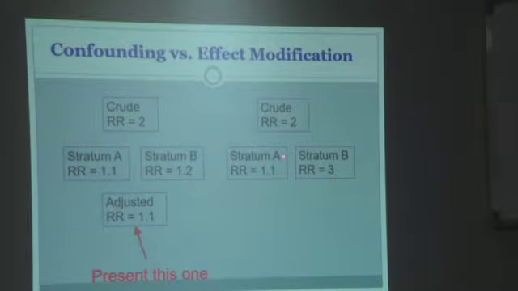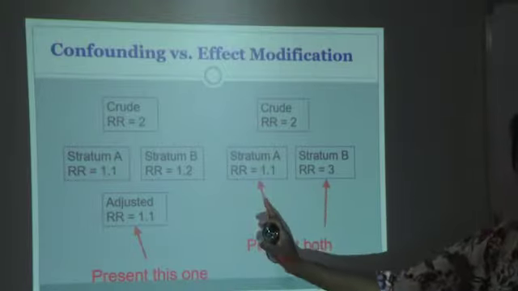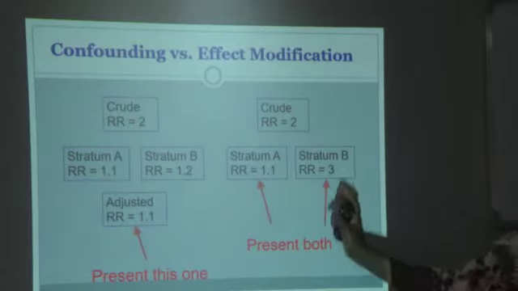Here is the concept of heterogeneity. There is heterogeneity of effect, and this is the effect modification. Now, in the presence of these, what do we report? We report these two. Okay? So you present both. What is the effect? It depends. In stratum A, it is 1.1. In stratum B, it is 3.